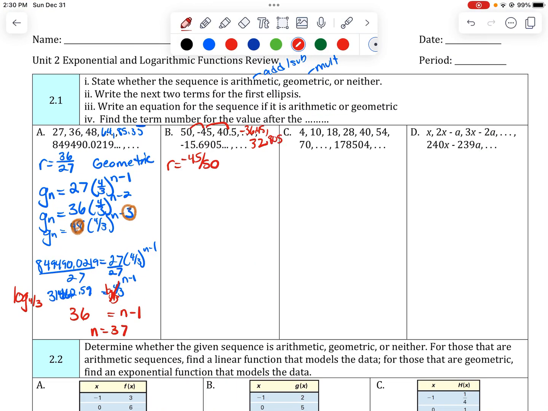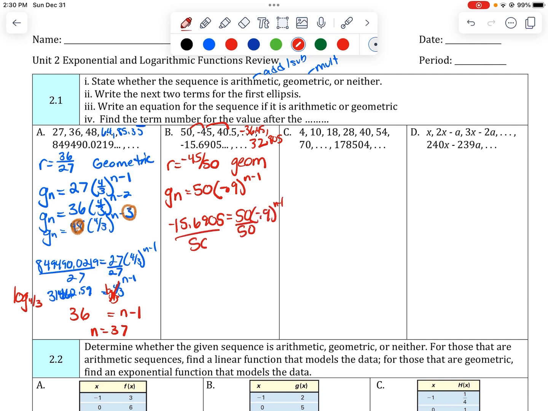So that means this is geometric. So if I start with 50 times negative 0.9 to the n minus 1, now we want to find this term. So negative 15.6905 equals 50 times negative 0.9 to the n minus 1.